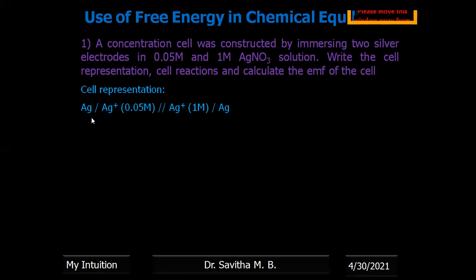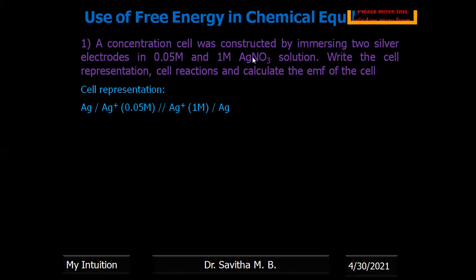Therefore, the cell representation is Ag getting converted into Ag plus. AgNO3 is the electrolyte taken. NO3 is NO3 minus. Overall, it is 0 because a compound does not have any charge.